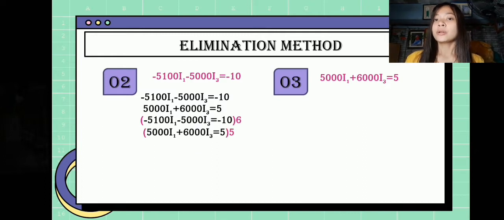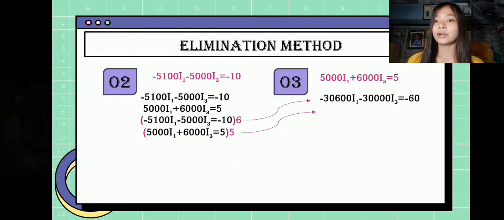Then we will multiply these to loop 1 and loop 2. So the result is negative 30,600 I1 minus 30,000 I3 is equal to negative 60 in loop 1, because we multiplied by 6, while loop 2 is 25,000 I1 plus 30,000 I3 is equal to 25, since we multiplied by 5.